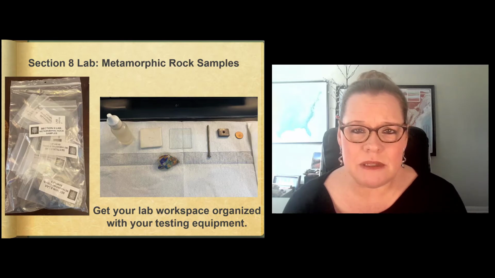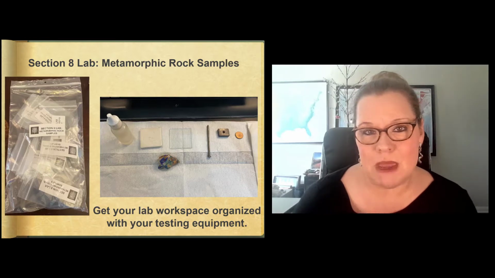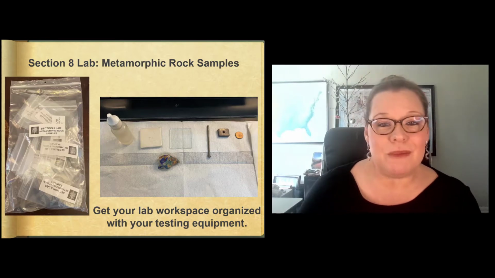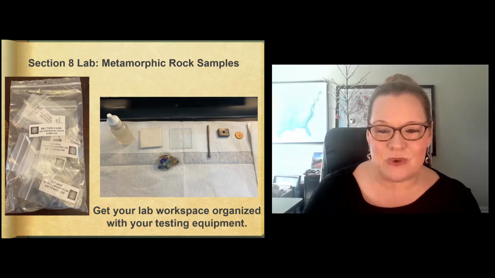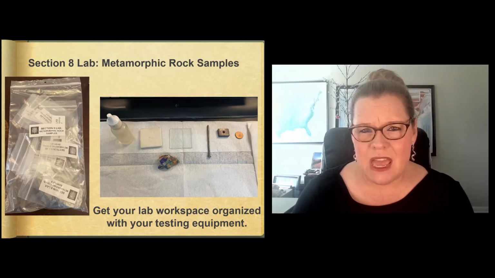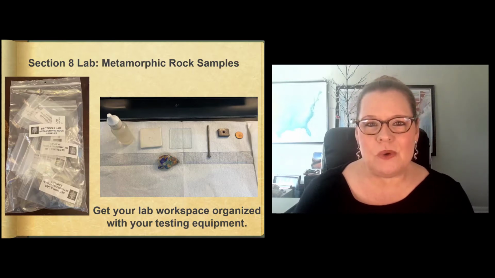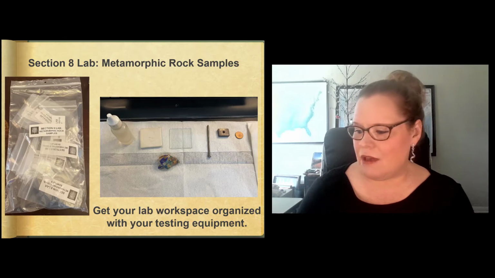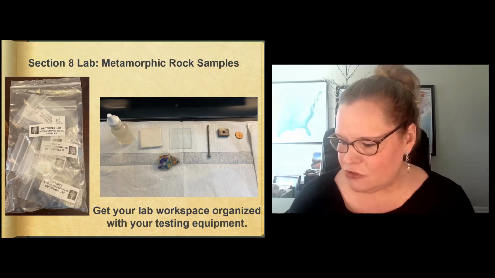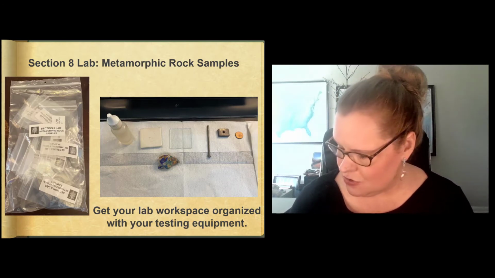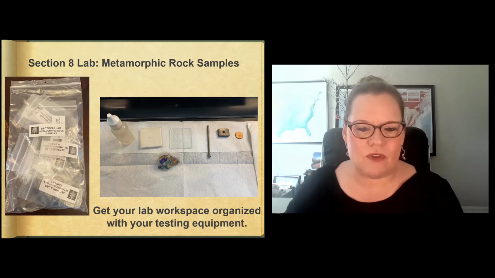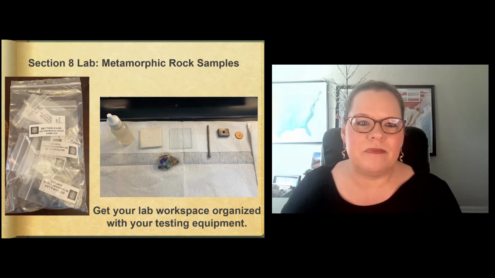It can either be limestone or dolostone. So if there's still enough calcite left, it may react. Some of your samples will, so it's kind of cool. And you need to also make sure you have your lab page out and the choices that are on page 136 so you can refer back to them.